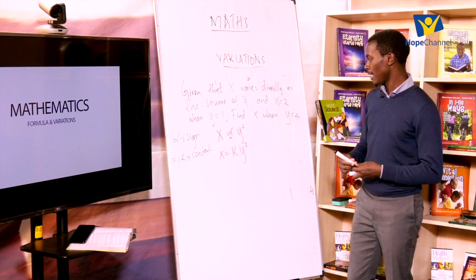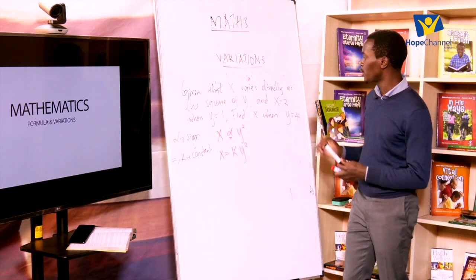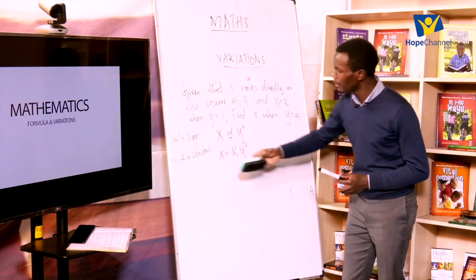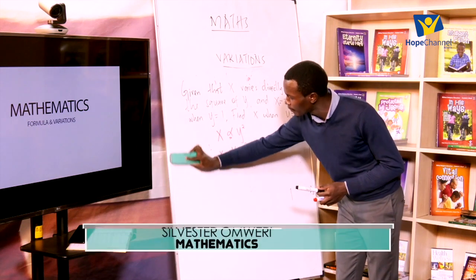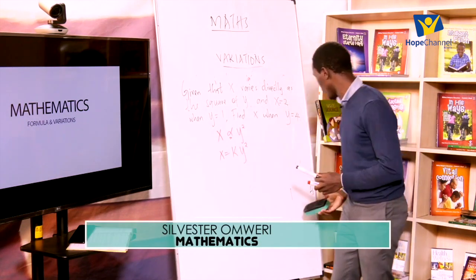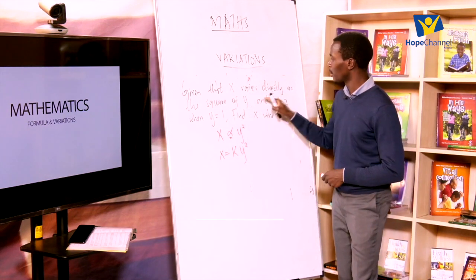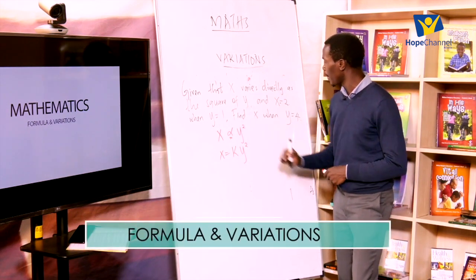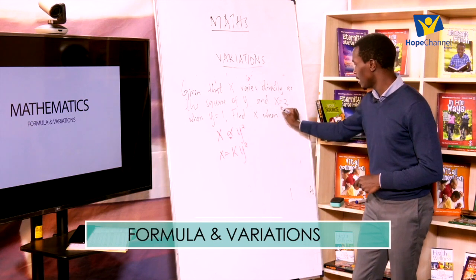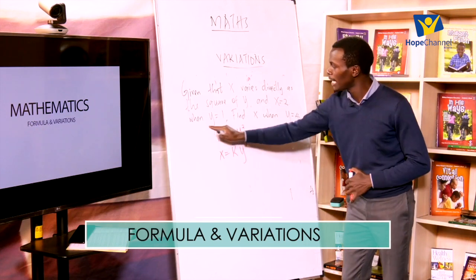Using this, we're going to substitute the first statement so that we can find that constant of proportionality. It's saying that x varies directly as the square of y, and x is equal to 2 when y is 1.